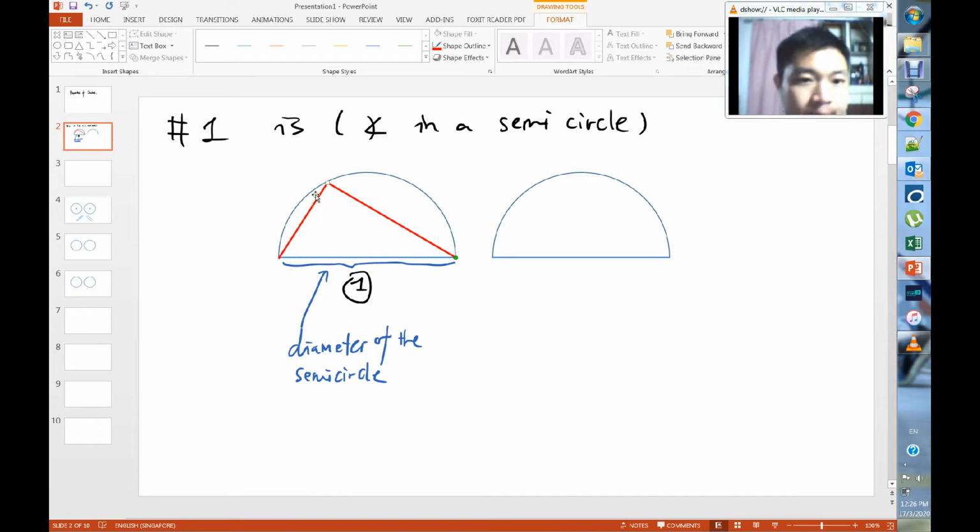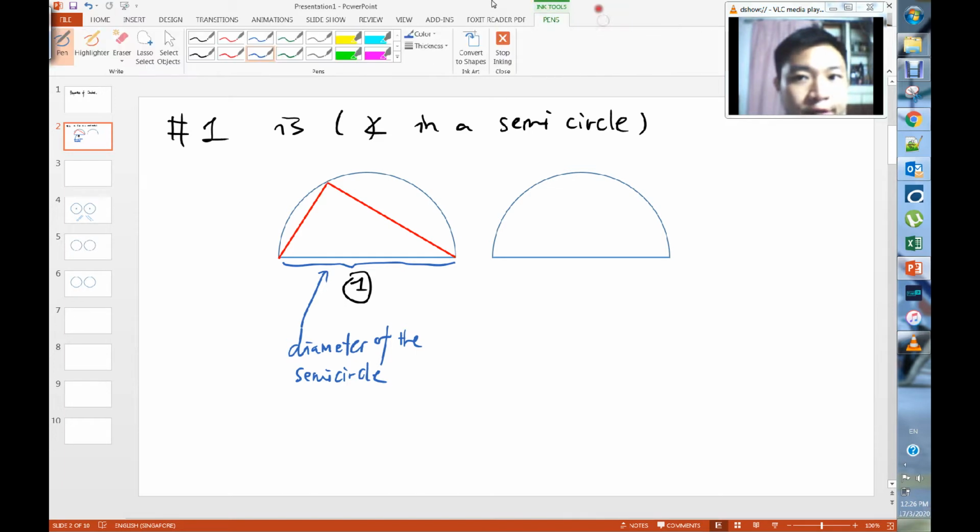As you can see here, you have this line one, and then you have this line two, and these two lines must meet at one point on the circumference. So in this case, this is the point on the circumference.